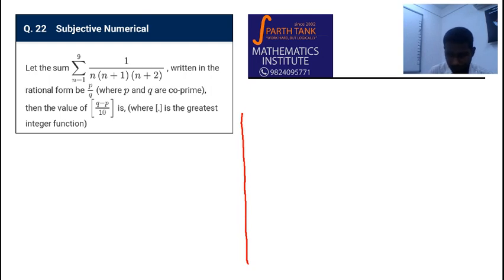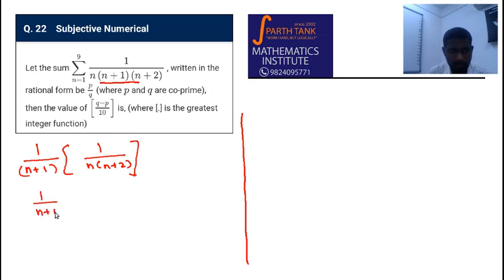This is very simple if we consider how to decompose this term. What do we mean? Take this as 1 by n plus 1 times 1 by n into n plus 2. Split this into partial fractions. This is very easy.